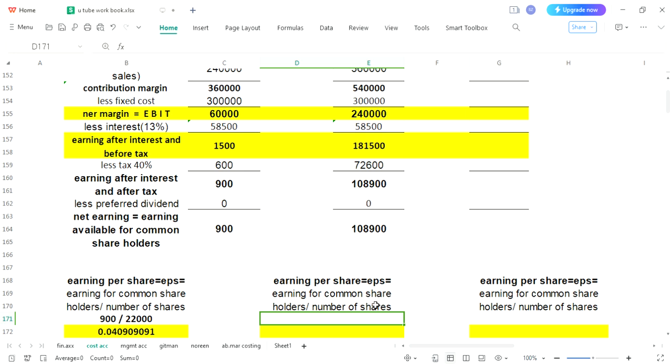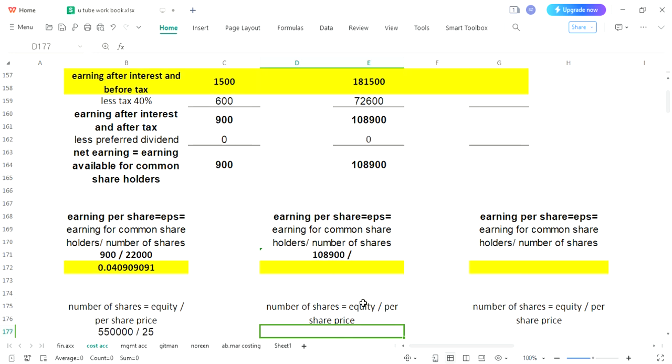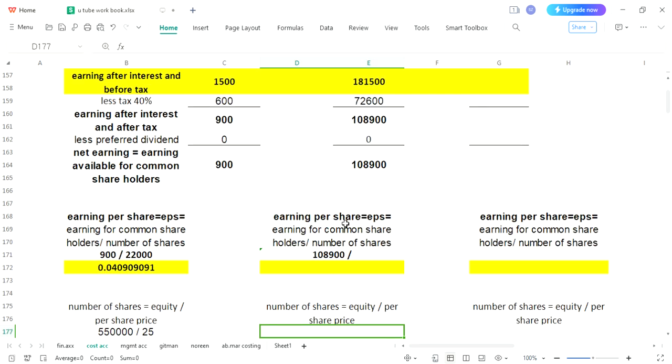Earning for common shareholders 108,900, and you need to divide it by number of shares, for which we need to divide equity by per unit price. Equity in this section was 550,000, we have just decided, and this would be divided by 25 per share price.